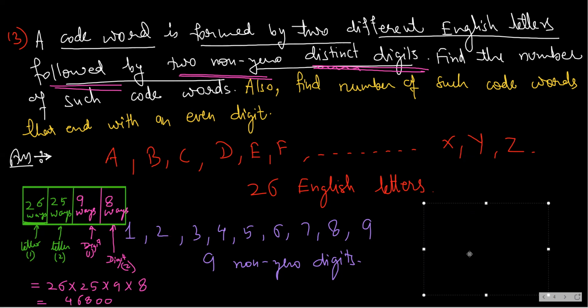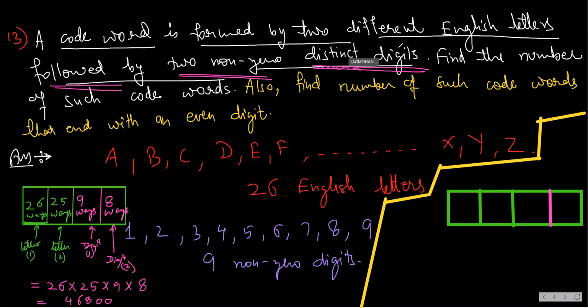Now I go for the second part of the question. The next part of this question says, find the number of such code words that end with an even digit. So the code word that you formed, there was no condition.